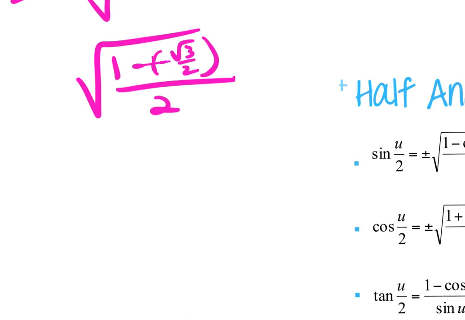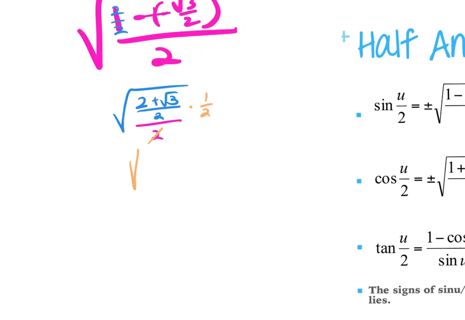I have to find a like denominator in the numerator, so 2 over 2. And I get the square root of 2 plus root 3 over 2, over 2, because it's still in the denominator. Then I flip this. So 2 plus root 3 over 2 divided by 2 means I'm going to multiply by 1/2. And I get the square root of 2 plus root 3 over 4.